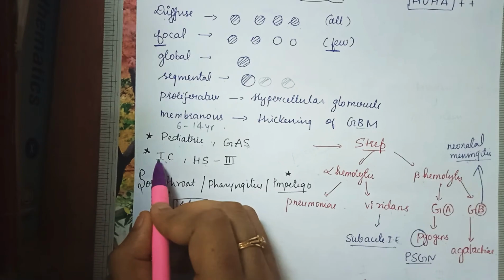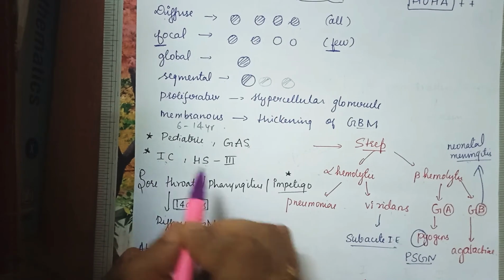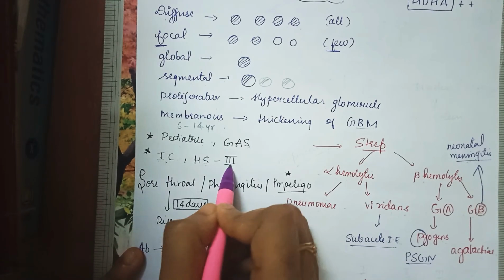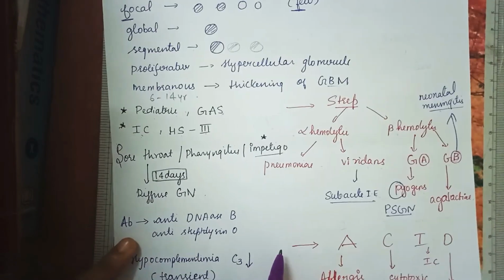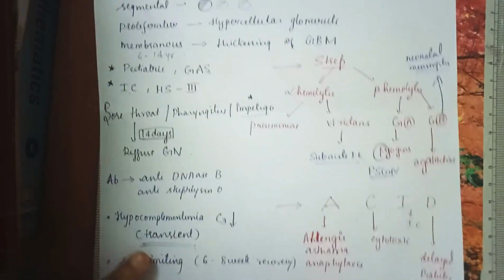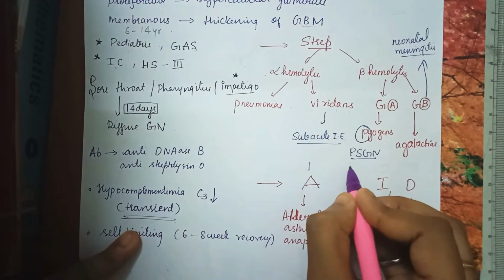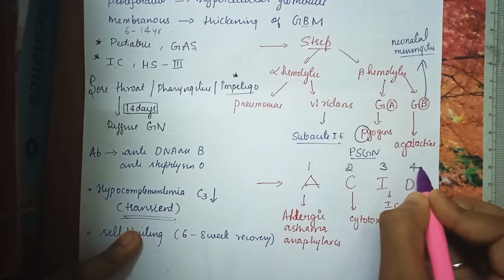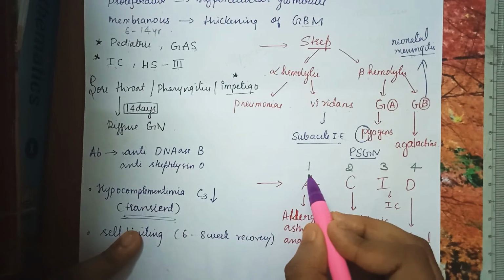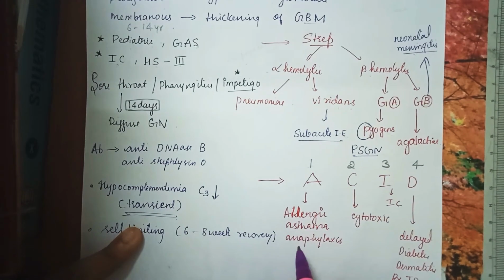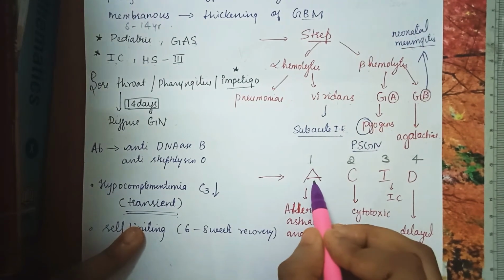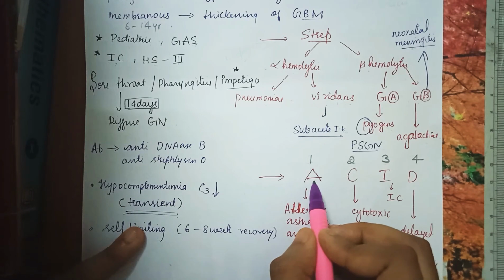Now this is, as I told, immune complex mediated, a type 3 hypersensitivity reaction. So how to remember hypersensitivity reactions? A small mnemonic, that is ACID. This is type 1, type 2, type 3 and type 4. Type 1 hypersensitivity: allergic, asthma, anaphylaxis, anything which starts with A, though there are lots of exceptions, I have just included important points.